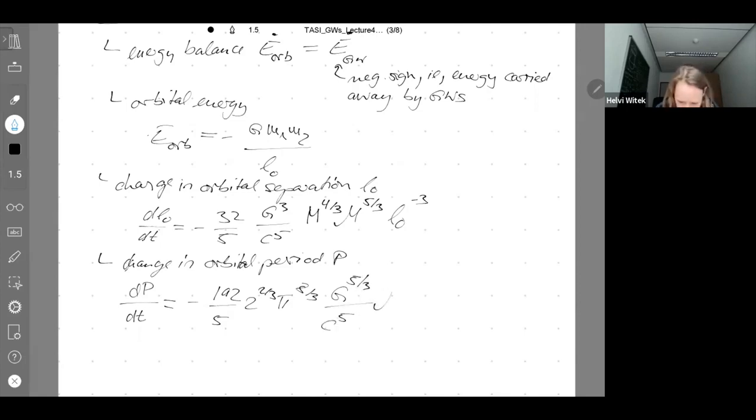I'm writing it again in terms of the chirp mass, now to the power of 5/3. And then we have the period to the power of -5/3. So if you solve this equation, you find that the period as a function of time goes like minus, and then again, I'm just writing out the coefficients here.